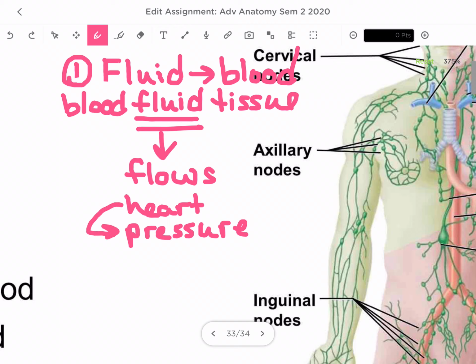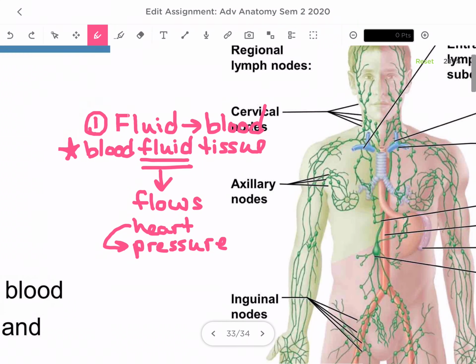So that's just a little bit about blood, but sometimes fluid leaks out of the blood, and the blood doesn't flow like it's supposed to flow. What happens is that fluid will leak out and just hang out around your cells.